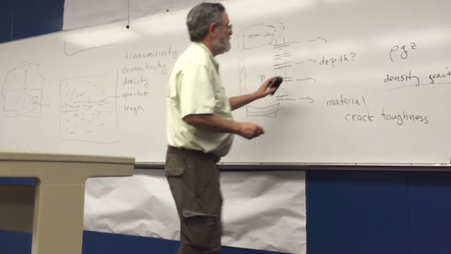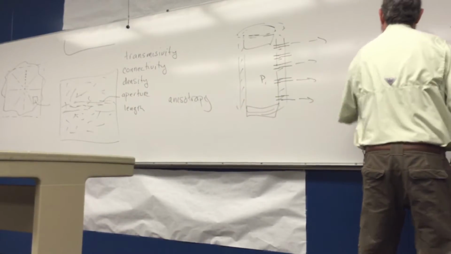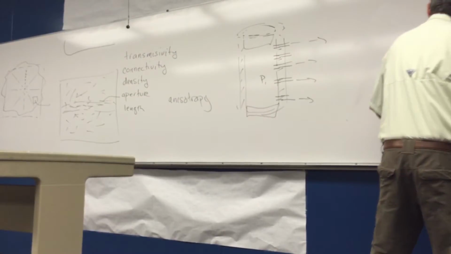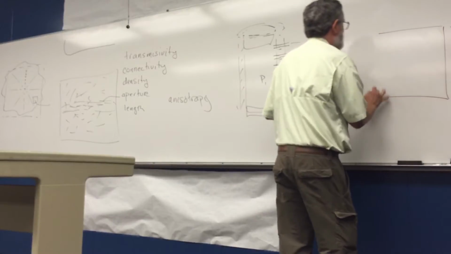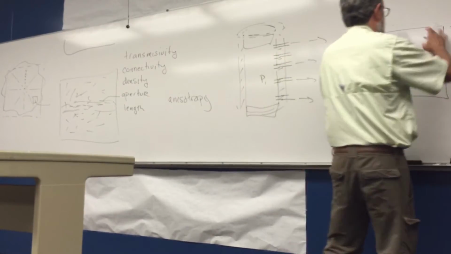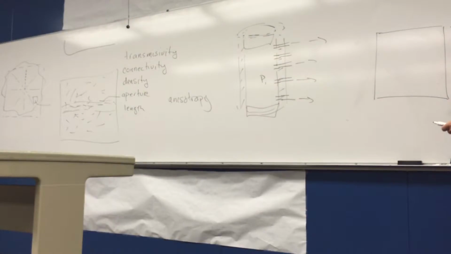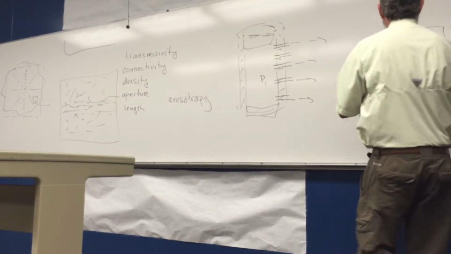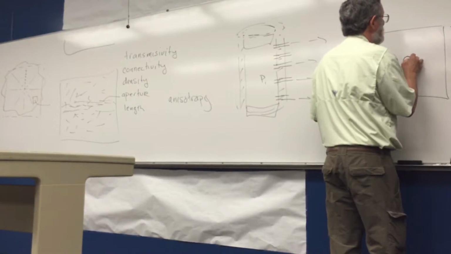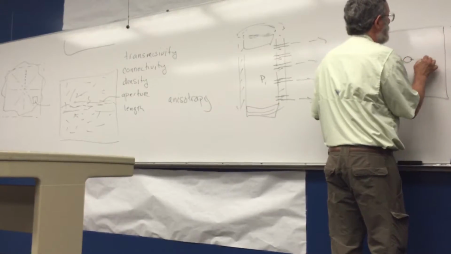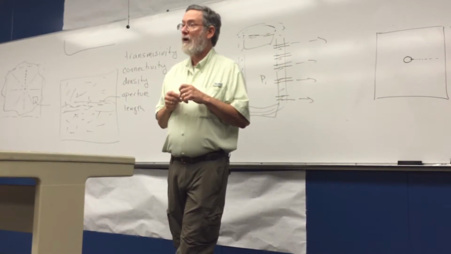The easiest way, and Tim, this is going to be rather simplistic. The easiest way to think about it is, let's just imagine that I have a semi-infinite material here that is a plate. So I'm going to have a hole here. I'm going to then perf and try to drive a fracture out this way as a mode 1 flaw.